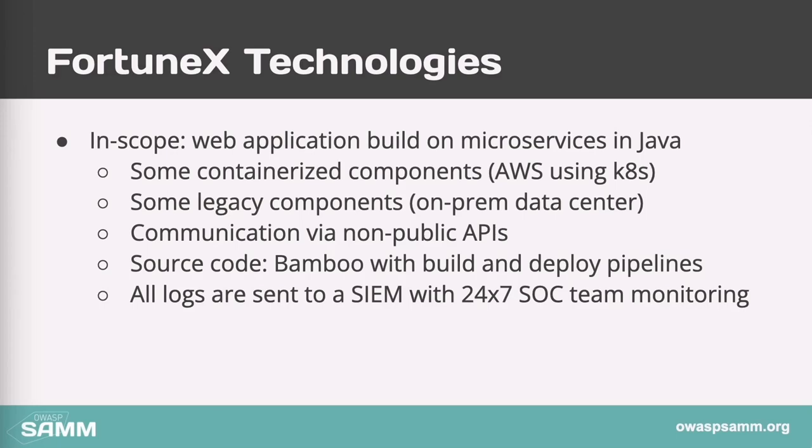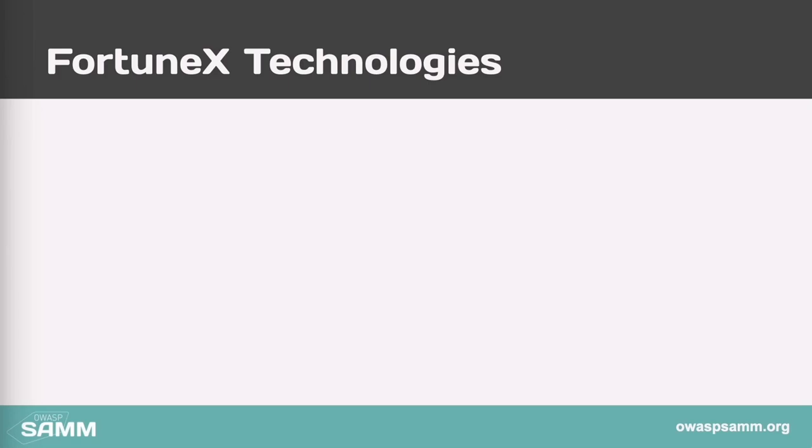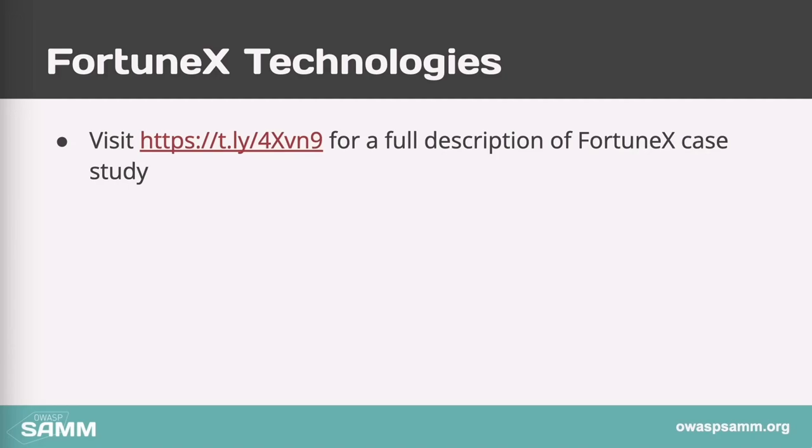The source code is hosted with Bitbucket, and it's leveraging Bamboo for build and deploy pipelines. All logs are sent to a SIEM solution with a 24/7 SOC team that monitors all of that.